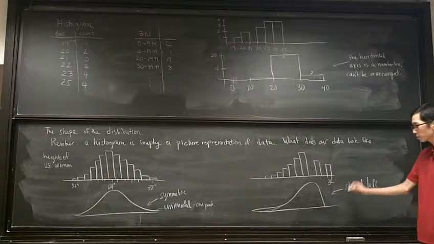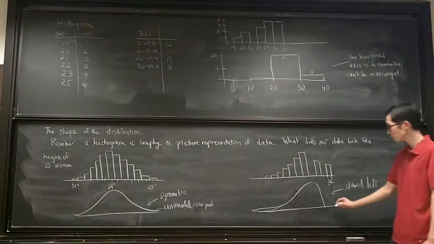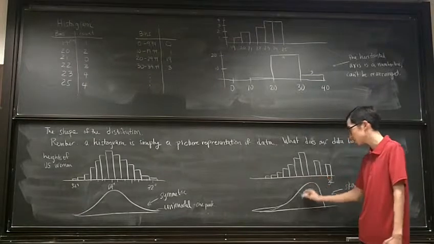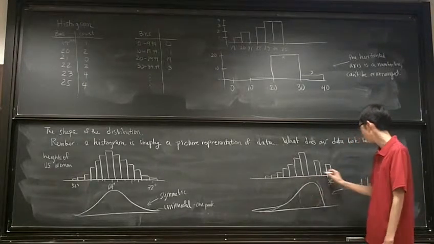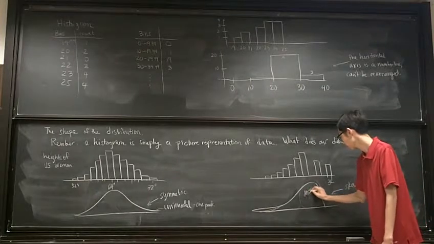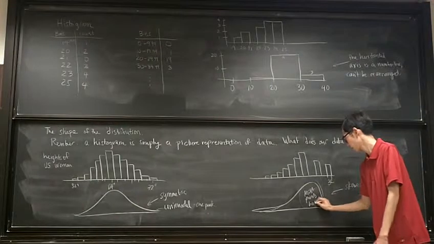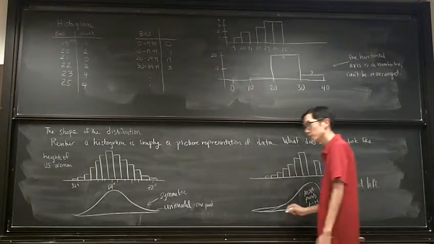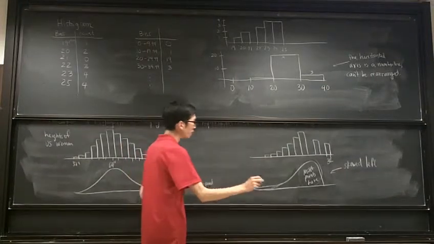And what does it mean to have this type of shape? It means most of your points are in some zone here. Most points are around here. But you've got some people or some points that are much smaller.